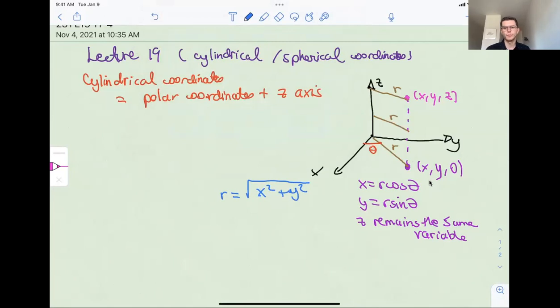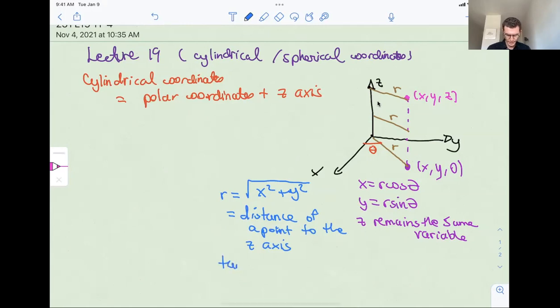But now if you look at this picture, it represents the distance of a point to the z-axis. And the angle theta is still, the tangent of theta is still y over x.